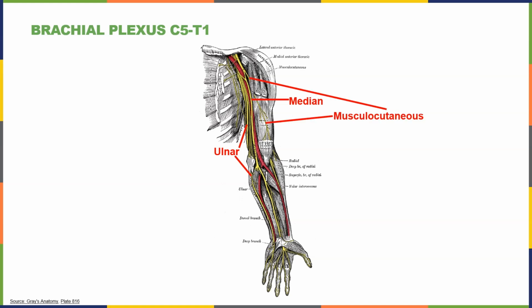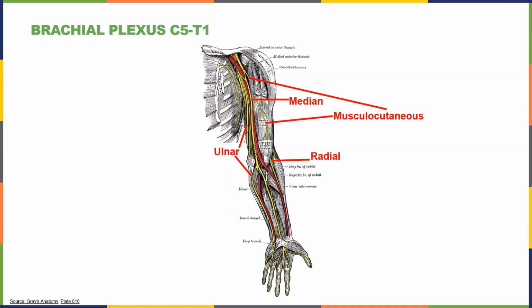The musculocutaneous nerve, we can see, travels down the brachial region in between biceps brachii and the brachialis and excites both of those muscles that flex the elbow joint.